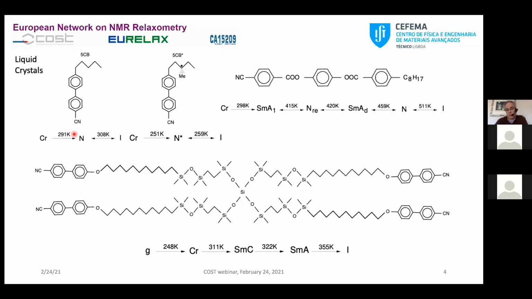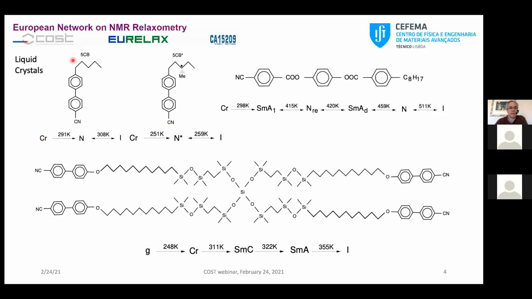Although you don't know it, you are playing with the properties of such a system, and your screen behaves as it does because of the level of molecular organization that these molecules present at a given temperature. So between the isotropic phase and the crystal phase, we can have a bunch of mesophases, intermediate phases between that of a completely isotropic liquid and that of a crystal.